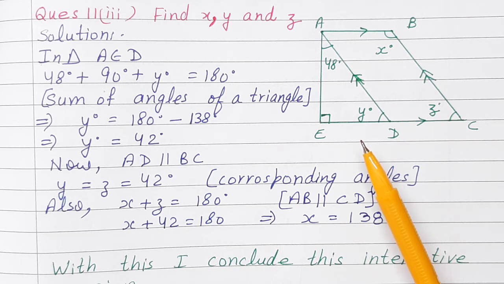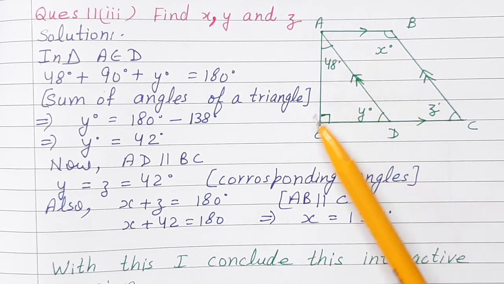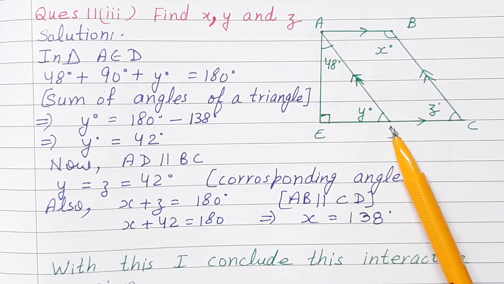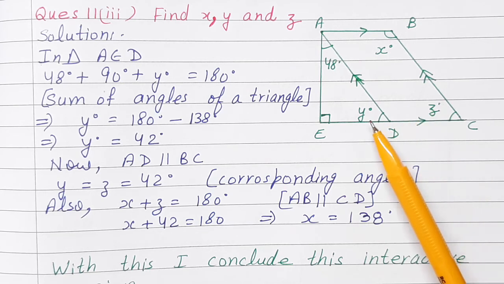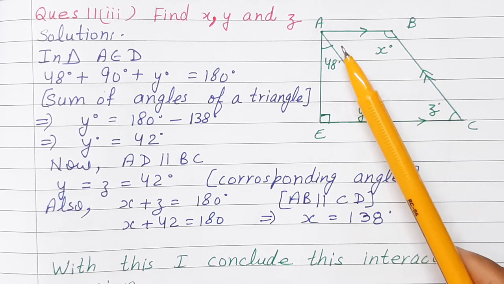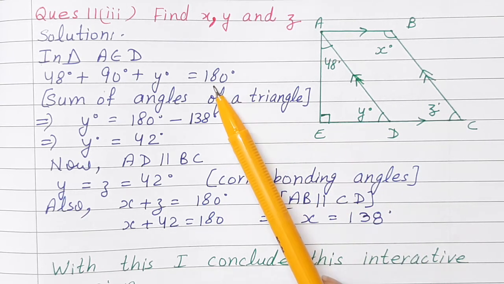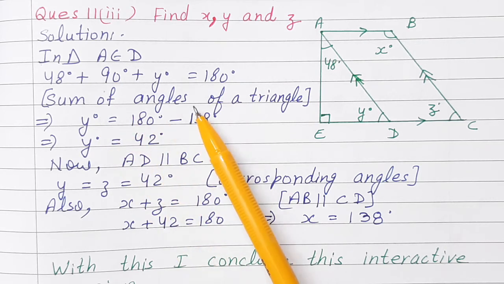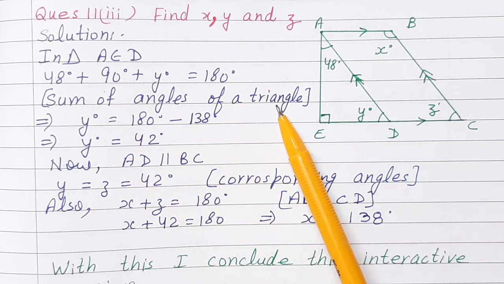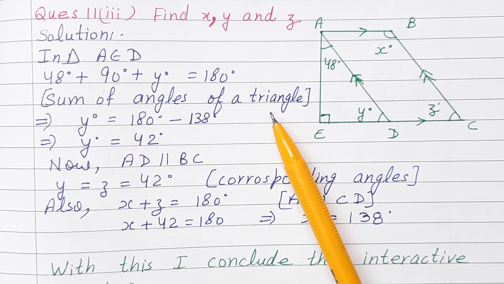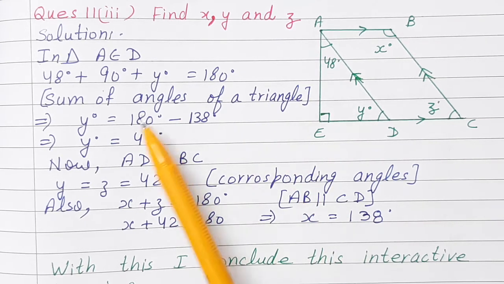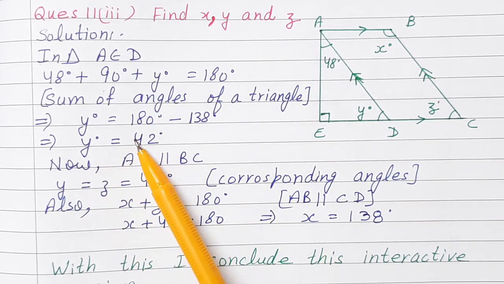Now let us consider this right angle triangle AED where angle y plus 48 degrees plus this is a sign of 90 degrees is equal to 180. Sum of angles of a triangle is 180, right? So after solving, we'll get y as 42 degrees.